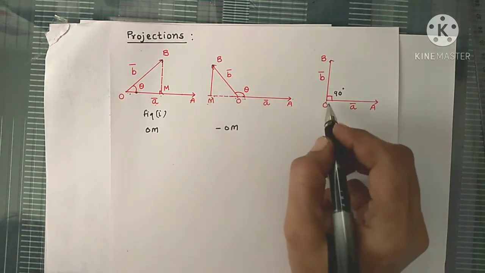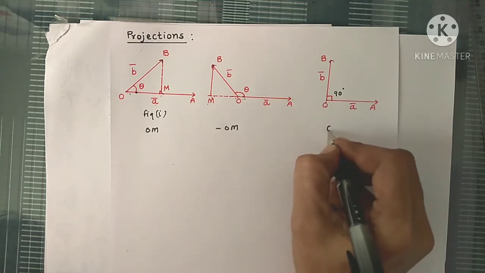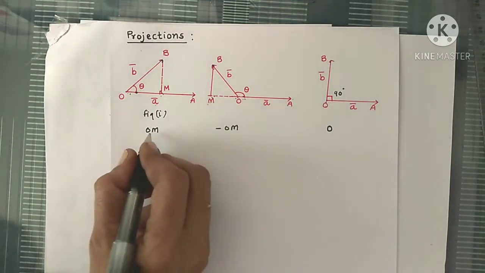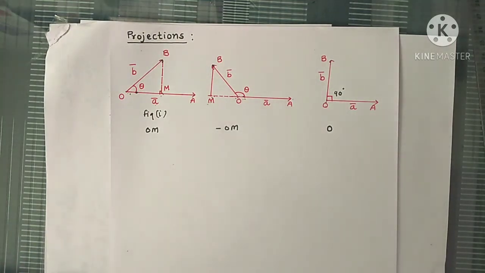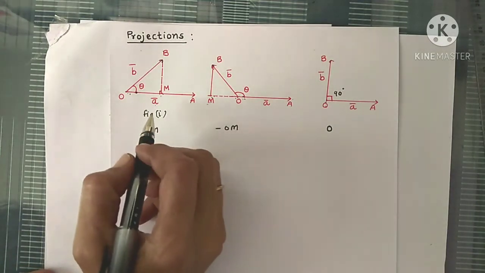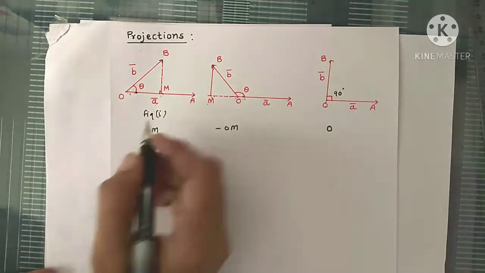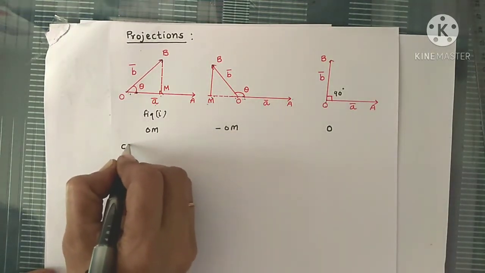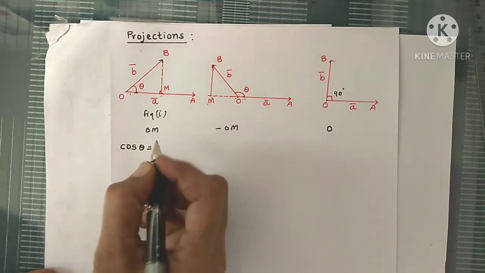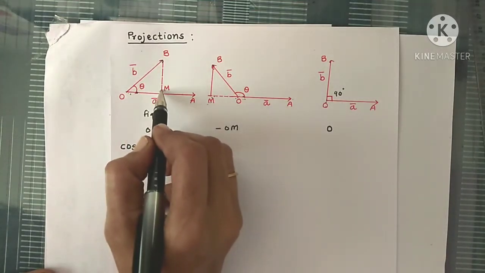And in this case, as O and M coincide, OM becomes 0. So the scalar projection is 0. Scalar projection here is OM. So first let's find OM in case 1. If we want to find the distance OM, let's consider cos theta from the triangle. Cos theta equals adjacent side by hypotenuse. Consider triangle OMB, it is right angled here.